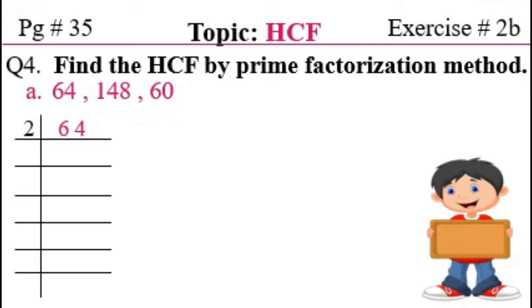2 times 3 is 6 and 2 times 2 is 4. Now we have got 32. Again, 2 at ones place is even. The digit which is there at ones place is even. Therefore, the complete number is even and hence it is divisible by 2. So we can again divide it by 2. 2 times 1 is 2.